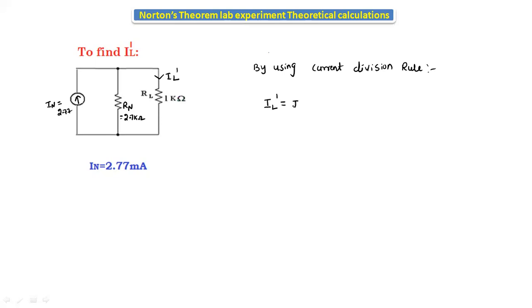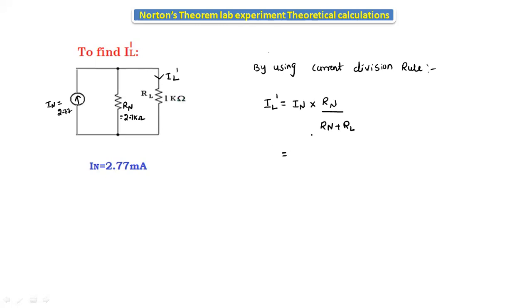What is the total current here? IN is the total current. Total current into the opposite resistance of this RL, that is Rn divided by Rn plus RL. This is the formula we use to find IL dash by using the current division rule.